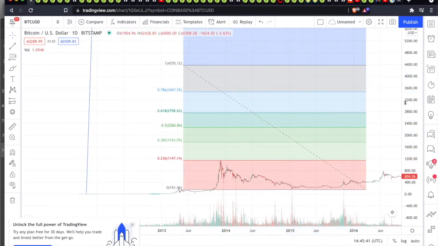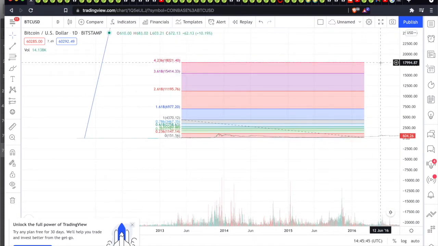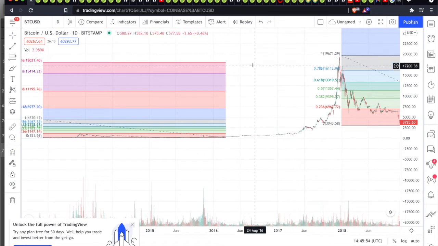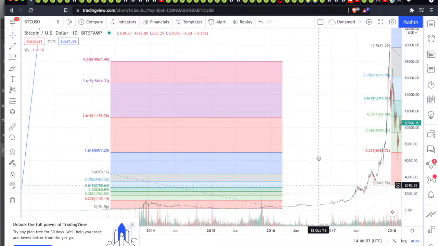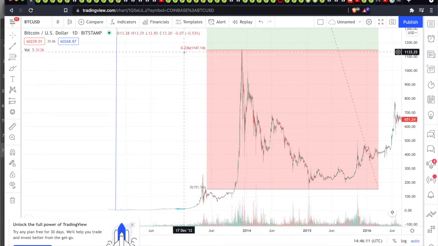Okay, that gives me a whole bunch of new levels. Look at my new levels now. Oh, hey, look at that. That brings me up pretty close to what we can expect to see, because the top of the 2017 bull run, almost 20,000, basically exceeded just by a little bit the full 4.23 extension, if you put the entire move, from the top of this parabola to the very bottom of the trough, under the 0.236.